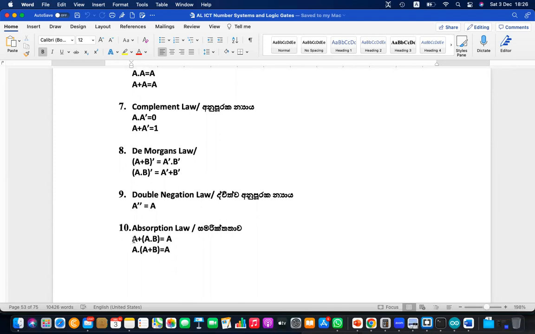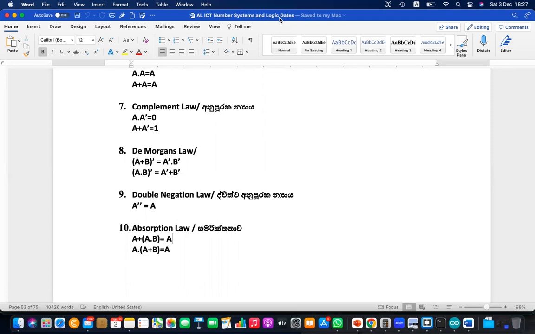On the left hand side you have A or A and B. The right hand side is only A. It is a law, but it can be proved using the other laws. Try to make the left hand side and the right hand side equal using these Boolean algebra laws. Just give it a try.